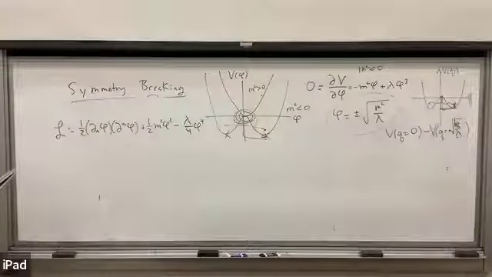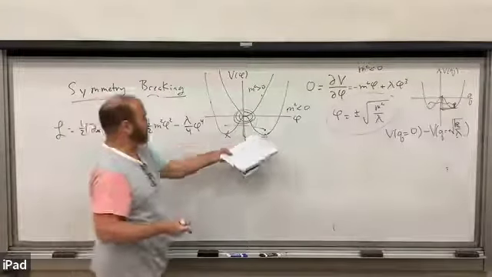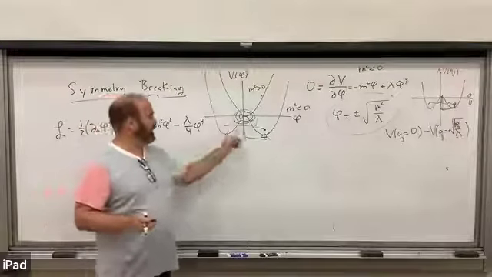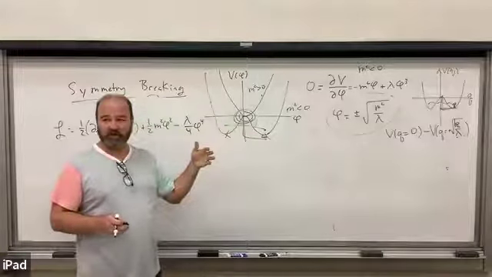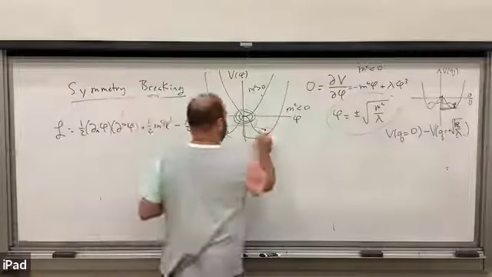And then, as I said, we need to expand this thing around this point or this one. That's where the symmetry breaking occurs. You have to pick one of these, and basically it's six of one, half a dozen of the other. So pick one to expand around, and I'm going to pick this one.